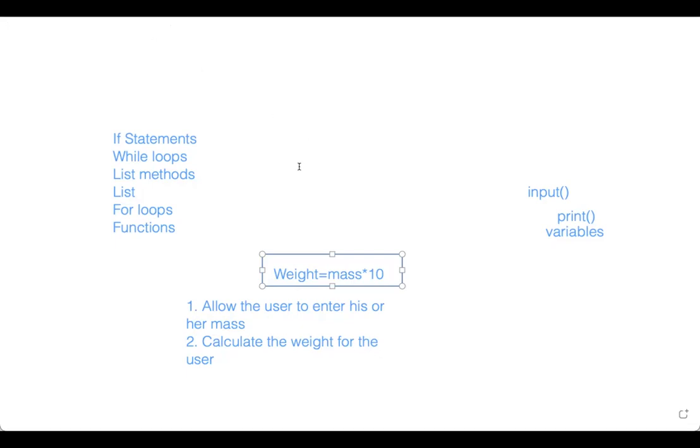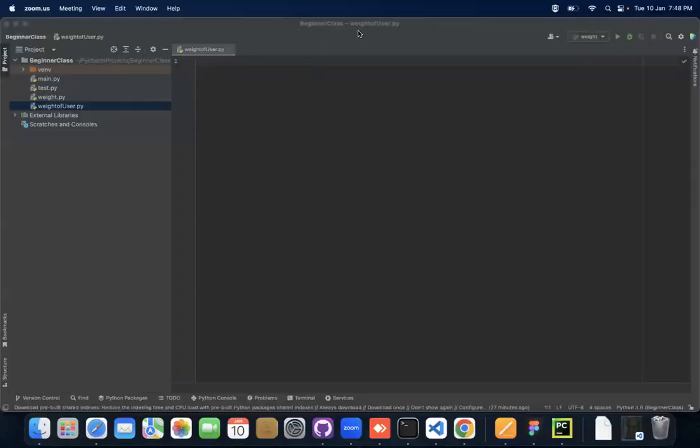Then you enter the name of the file: weight of user. Then we save. All right, so that's the file.